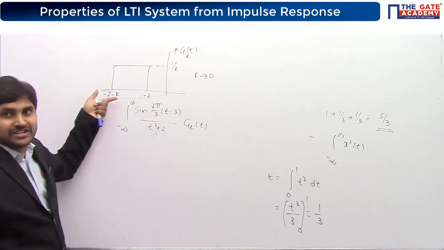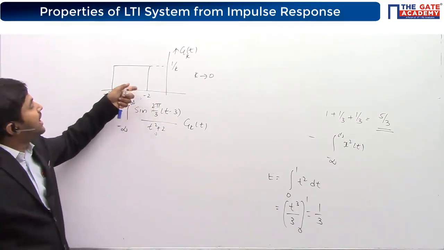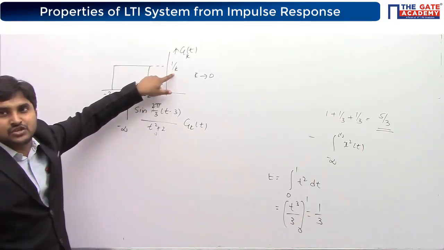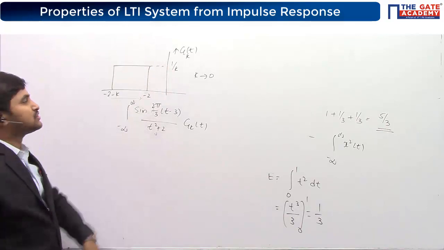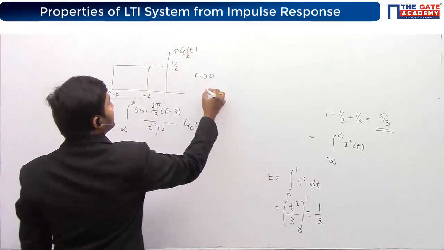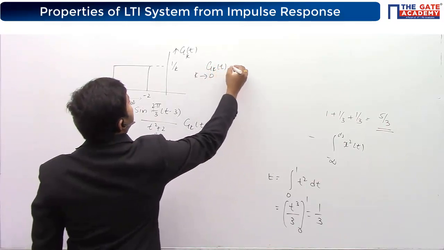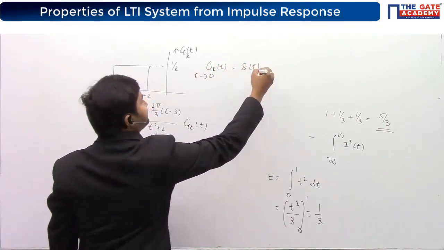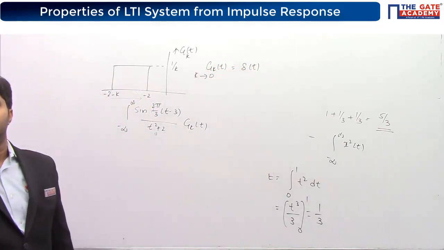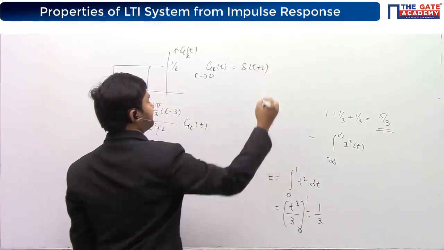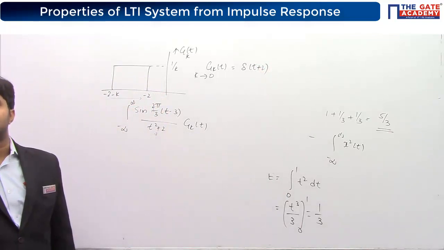As k tends to 0, this approaches minus 2 and the amplitude 1 by 0 tends to infinity. So is it not an impulse? As k tends to 0, don't you think g k of t is an impulse function? I'm sorry, the impulse at t equal to minus 2.